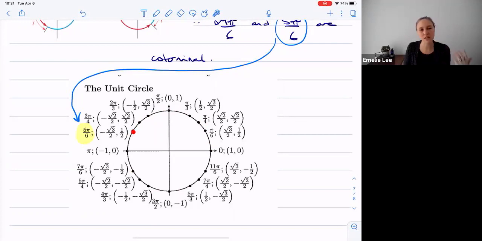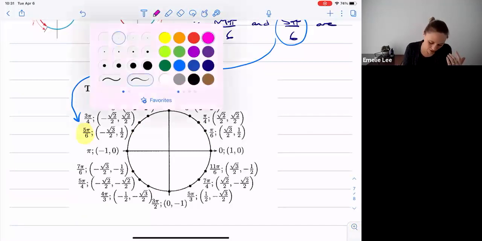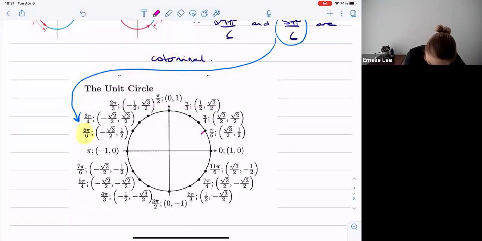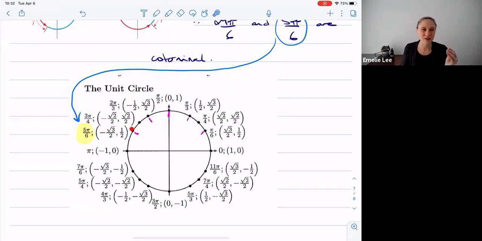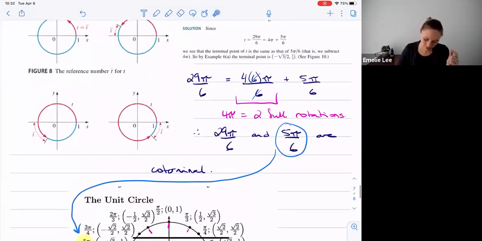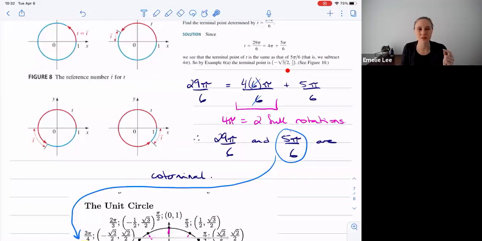Regardless of how you get there, remember how the pi over 6 increments work. The pi over 6 increments are here, here. Don't forget the quarter way mark here and here. So regardless, the terminal point that we need is negative root 3 over 2, 1/2, which we have here.